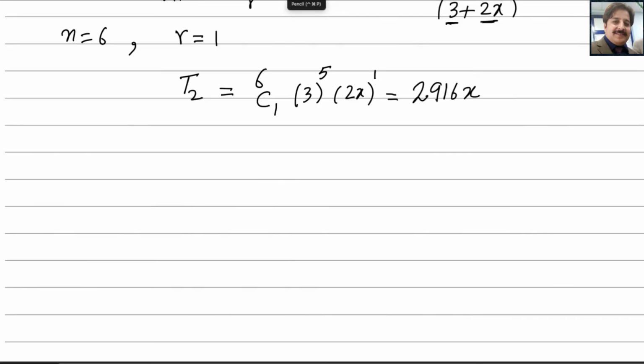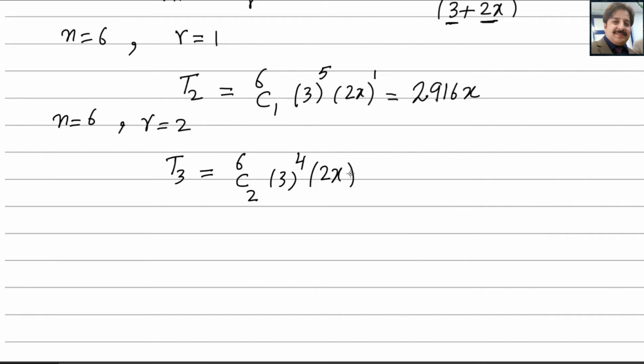Now for the third term, r should be 2 for sure, and n remains the same at 6. The term is r plus 1, so 2 plus 1 is 3. So the third term is 6C2, 3 to the power 6 minus 2, which is 4, and then (2x) to the power 2. Using a calculator, we get 4860x². So this is the third term.